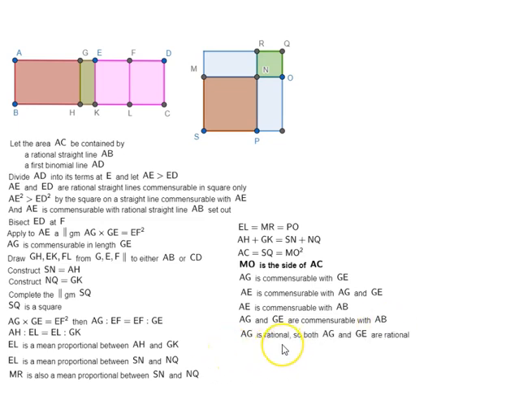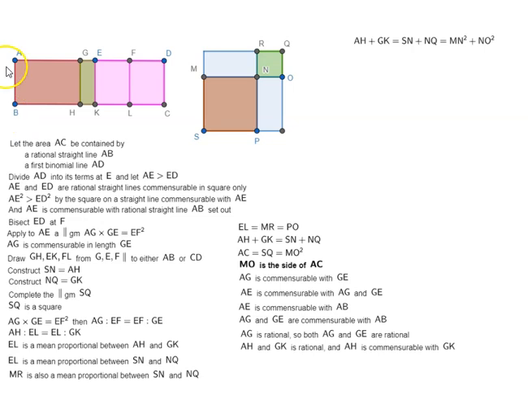And AB is rational. So both AG and GE are rational. That means AH, which is the figure on AG, and GK, which is the area on GE, are rational. And AH is commensurable with GK. Why? Because AH is a figure on AG, GK is a figure on GE, and AG and GE are commensurable. So AH is commensurable with GK.